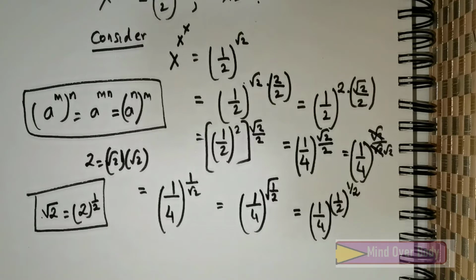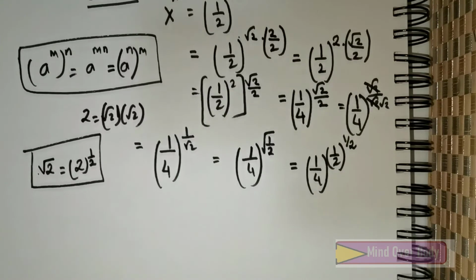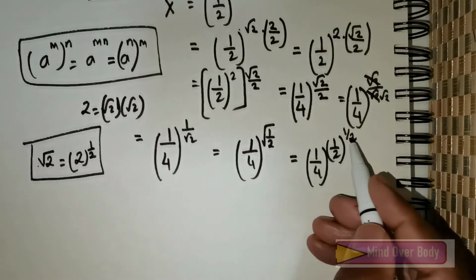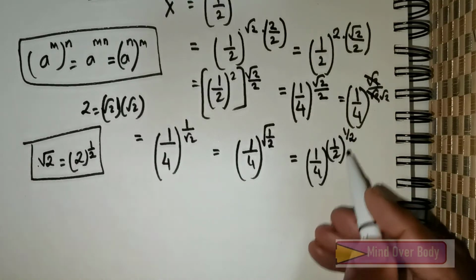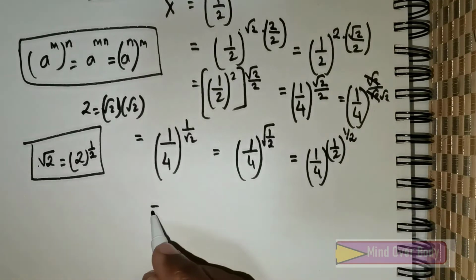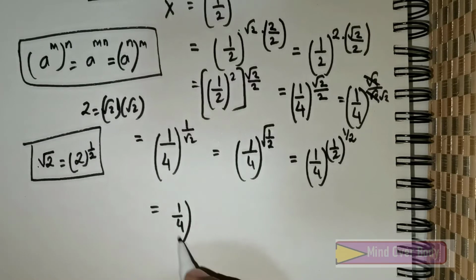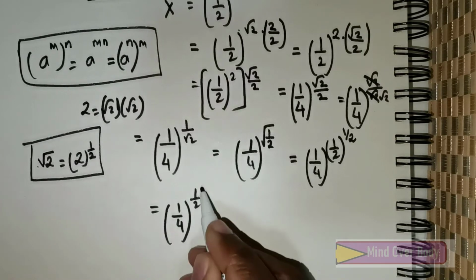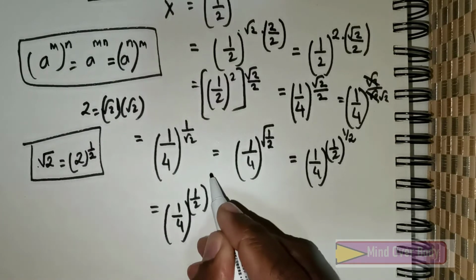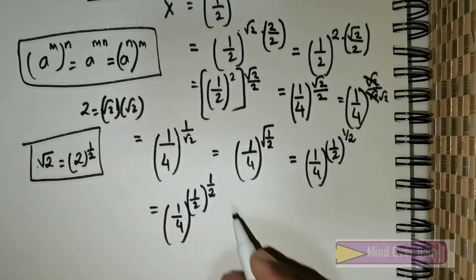So the question is, how are we going to obtain the value of x? That is the important question that we need to look into. So what I'm going to do is rewrite 1 over 2 in the following fashion. So I've got 1 over 4 here. Now that is raised to the power 1 over 2. Now this 1 over 2 is being raised to the power of 1 over 2.